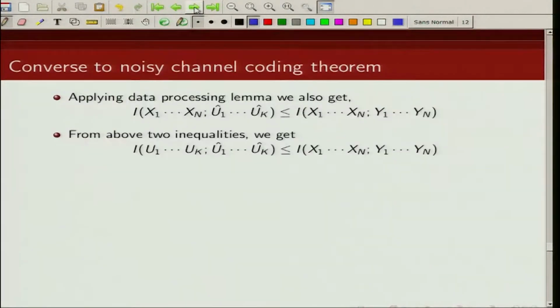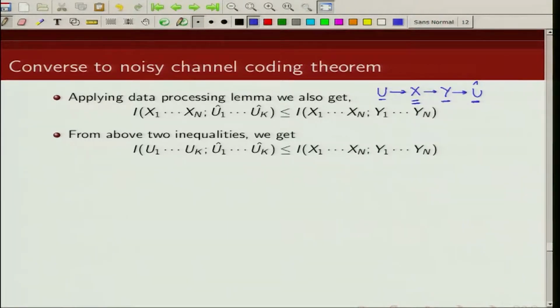Next, I again will apply the data processing lemma. Let me write down the Markov chain. So u, x, y and u hat form a Markov chain. So we have shown that mutual information between ui's and ui hat is less than mutual information between xi and ui hat. Now we can see that mutual information between xi and ui hat is less than mutual information between xi and yi.